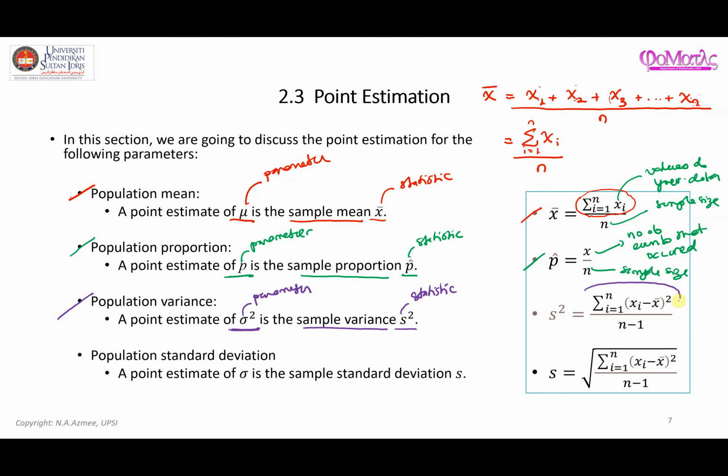This is using the summation process, and basically what it says is that you are going to add up x1 minus x bar squared when i is equal to 1. When i is equal to 2, you will have x2 minus x bar squared. Then you have x3 minus x bar squared, and you will keep on doing this summation process until i is equal to n. So the last term here is going to be xn minus x bar squared.